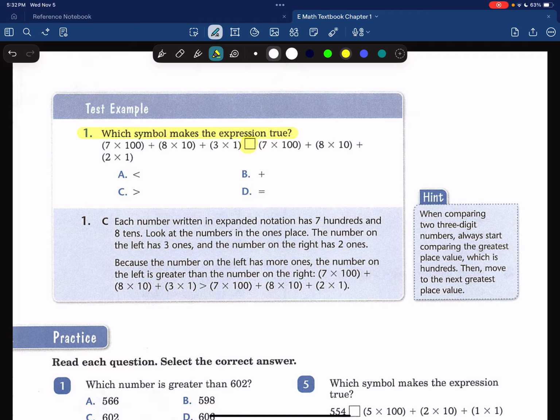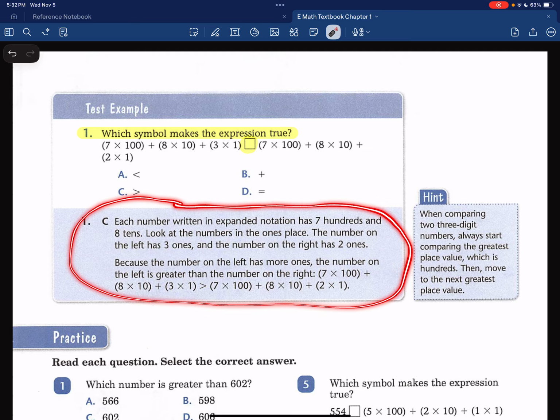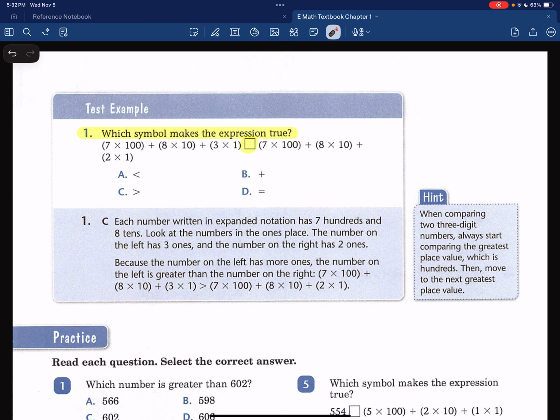And we can choose less than, plus, greater than, or equal to. Now I am going to do it my way, but absolutely feel free to stop the video and read here if you want. I am going to read the hint before I start working.